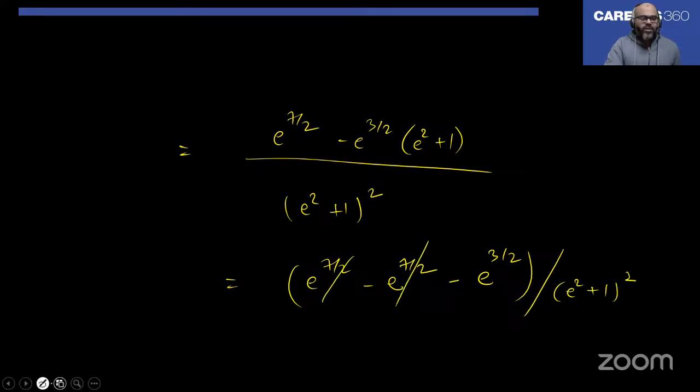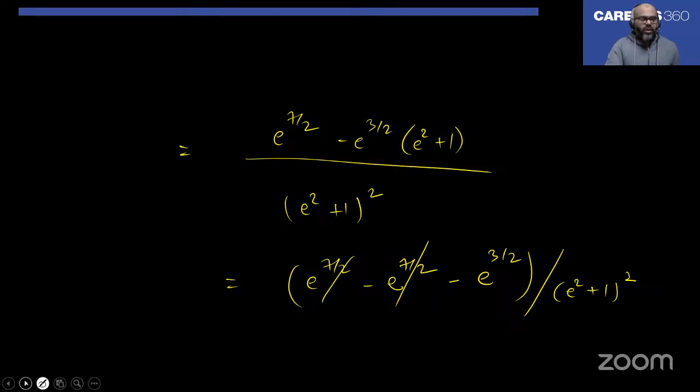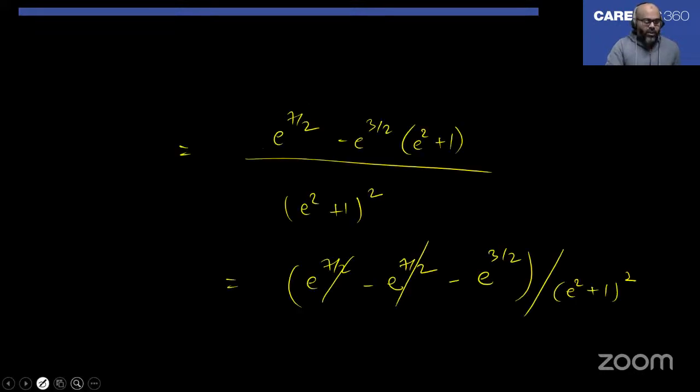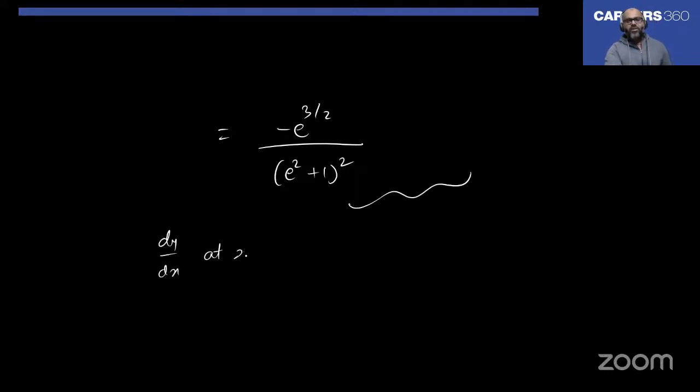This e to the power 7 by 2 will get cancelled, and you are getting e minus e to the power 3 by 2. This is minus e to the power 3 by 2 by e square plus 1 whole square. So this is dy by dx at x is equal to 1. This is what we have.